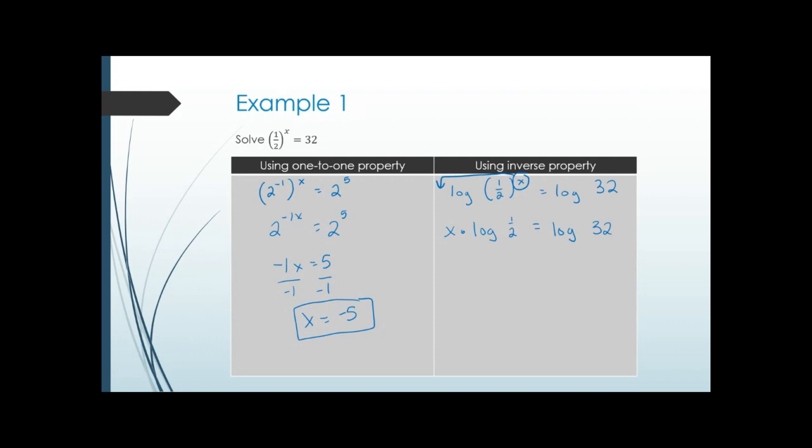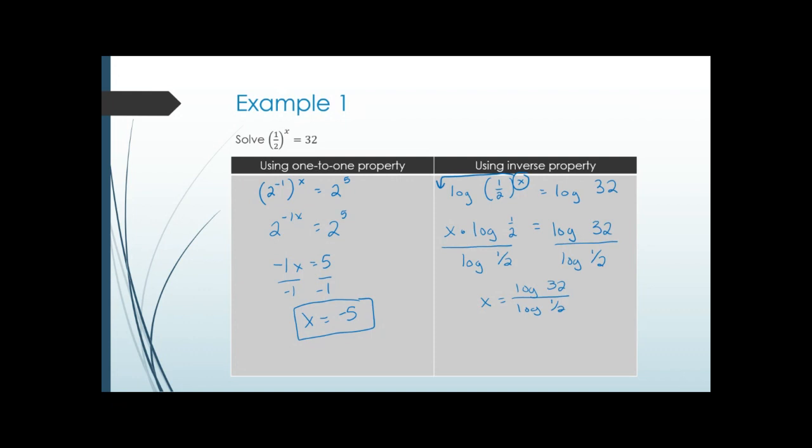Now we're solving for x, so you want to divide both sides by the log of 1/2. And so we have x equals the log of 32 divided by the log of 1/2.